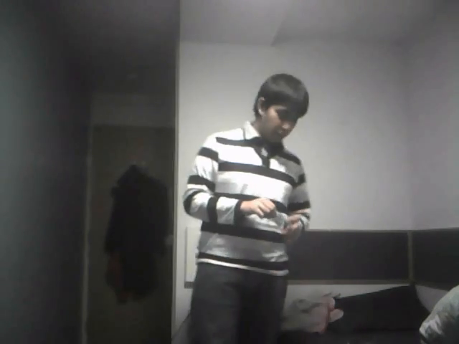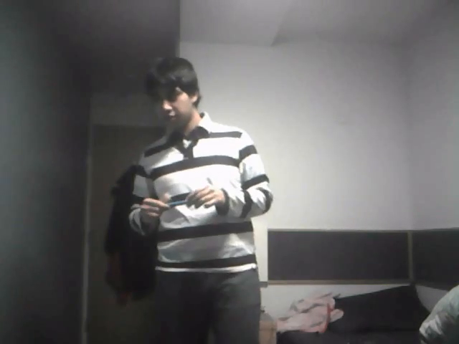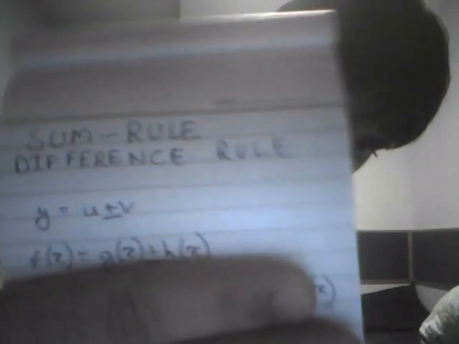Now, if we take y as f(x), u as, let's say, g(x), and v as h(x), I can write that f(x) is equal to g(x) plus or minus h(x).